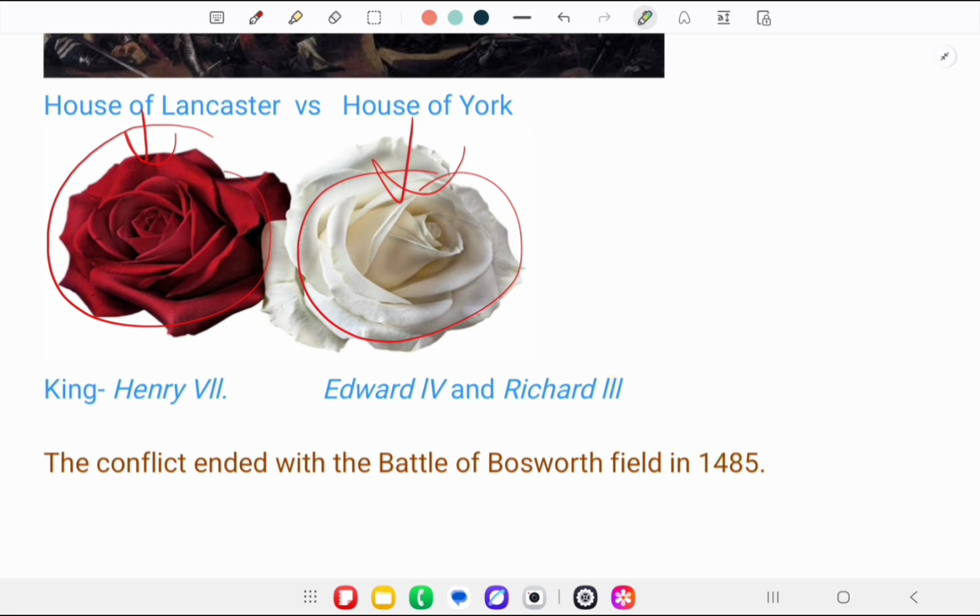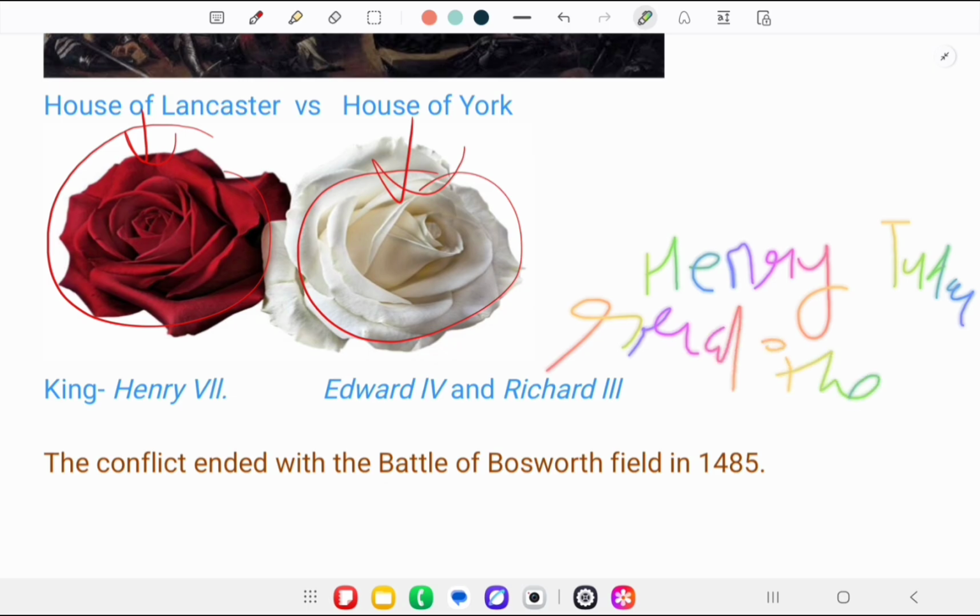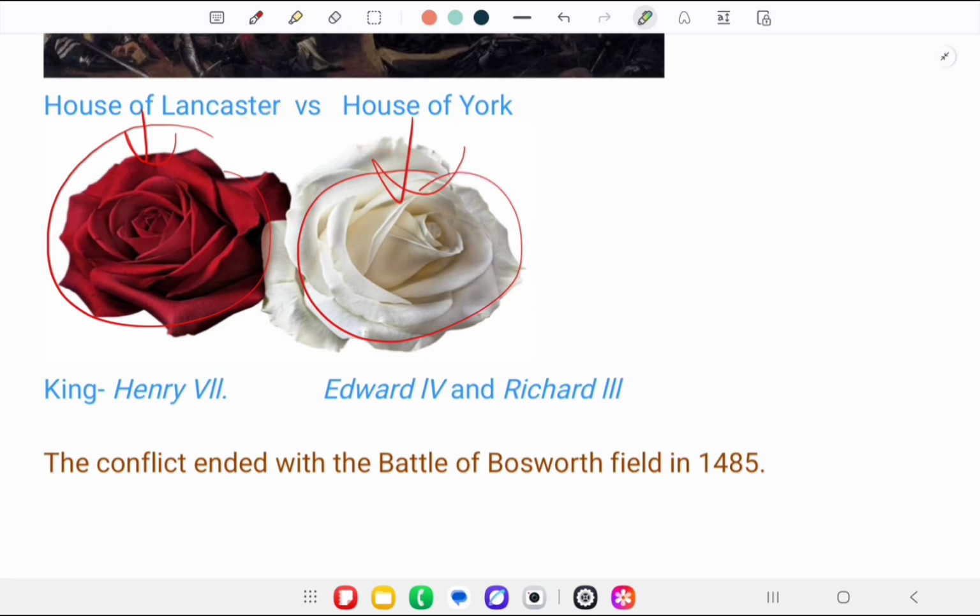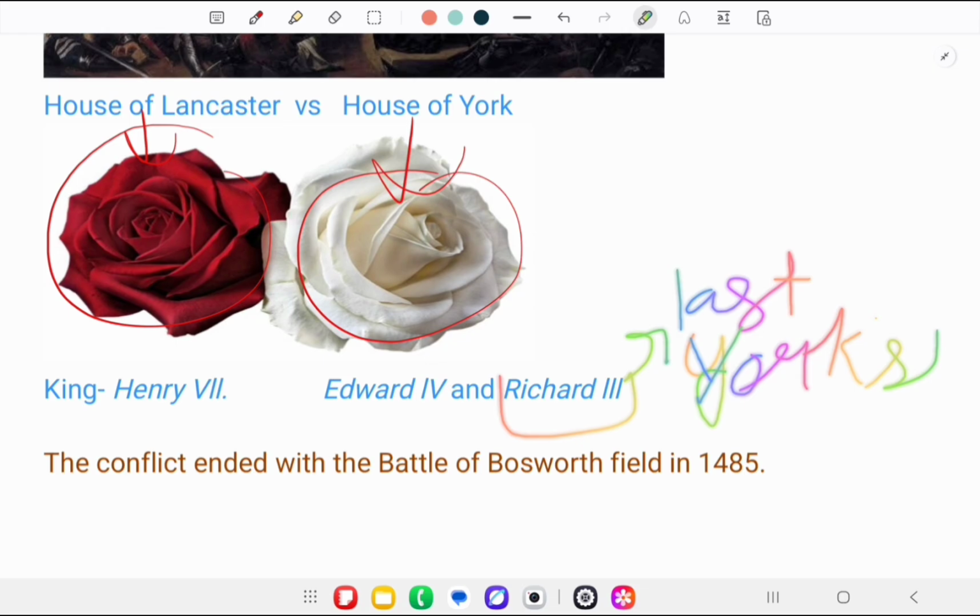where Henry Tudor, representing the Lancastrian claim, defeated Richard III, the last Yorkist king.